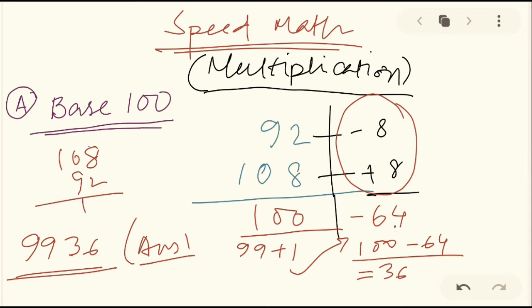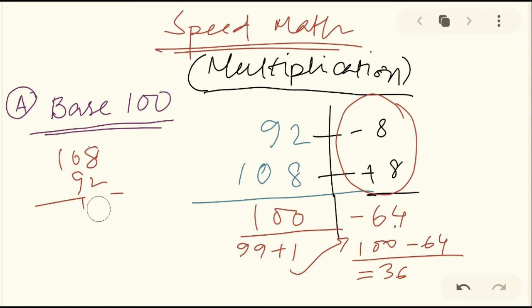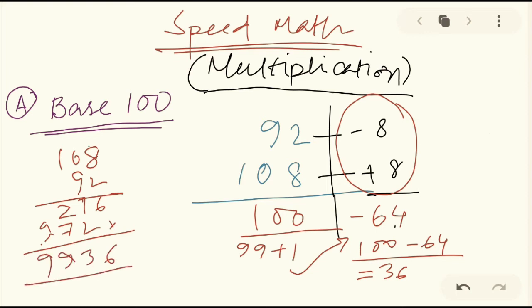It will be like 16, 22, 16, 72, 9, the basic multiplication formula. So 6, 3, 9, 9. So 9936, as I said, this is 99 and this is 36. 9936 is our answer.